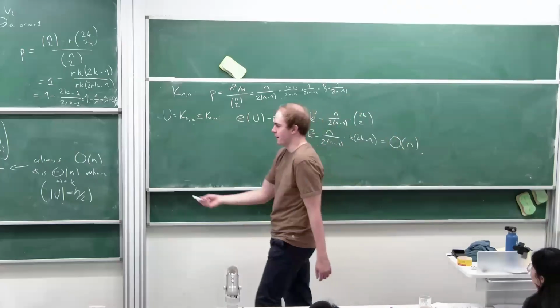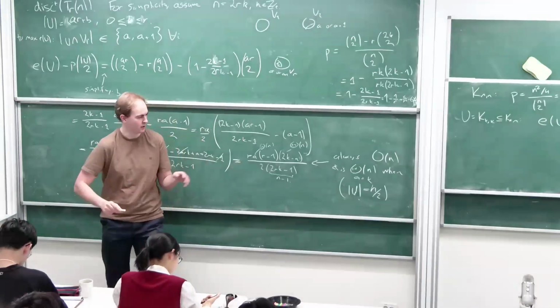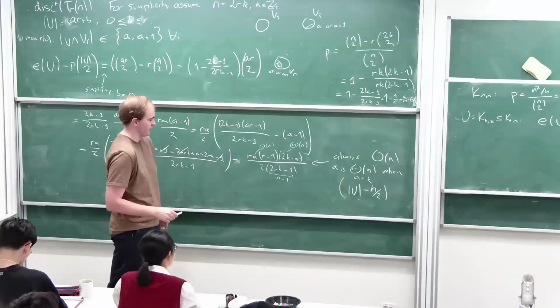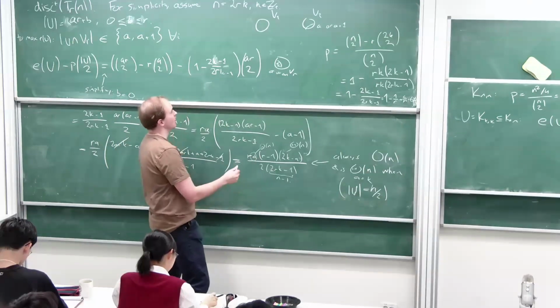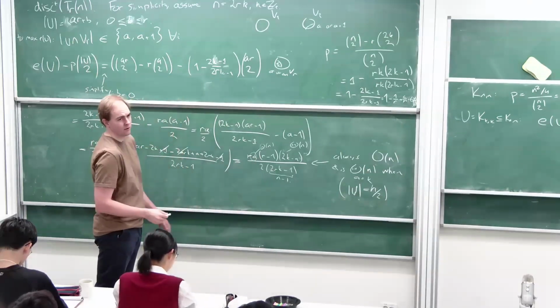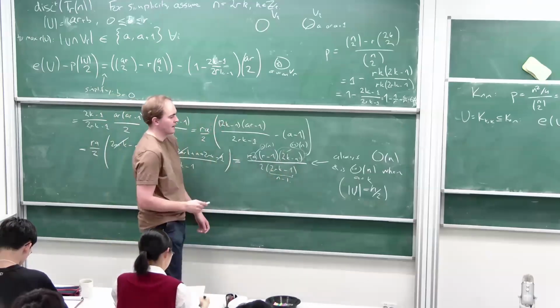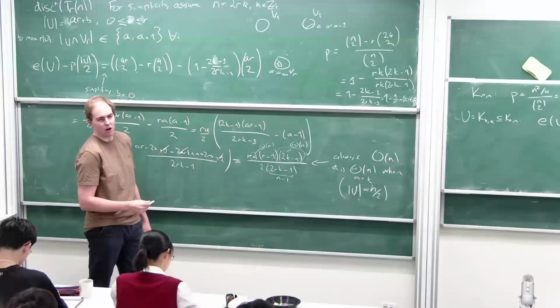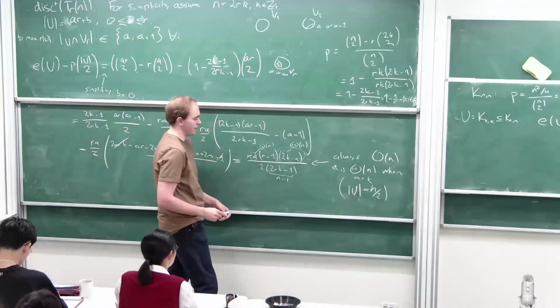So if you now do these calculations and actually carefully work out how these error terms interact with each other, you get a here, which, if our set U has linear size, is going to be linear. 2k minus a is again linear, assuming we are not of size n minus little n, dividing by something of linear size.